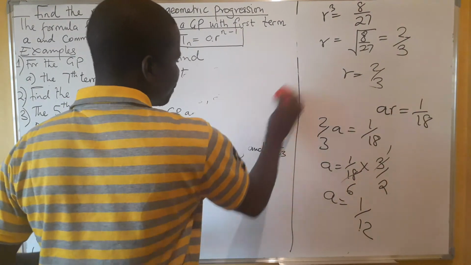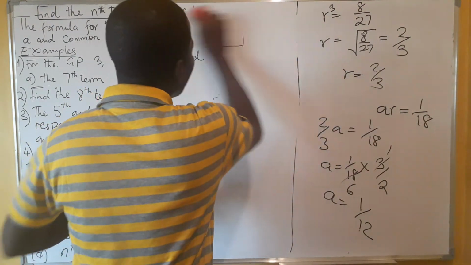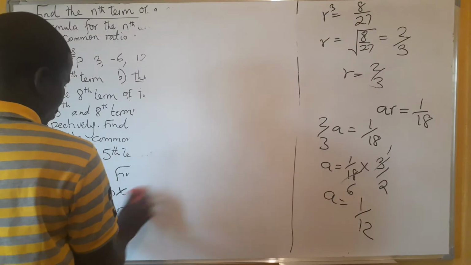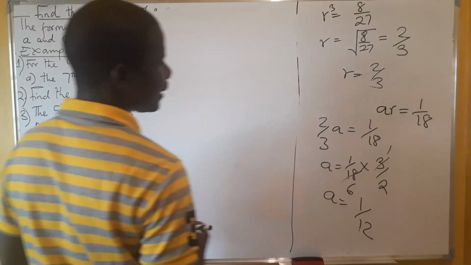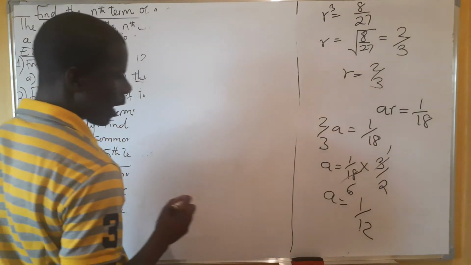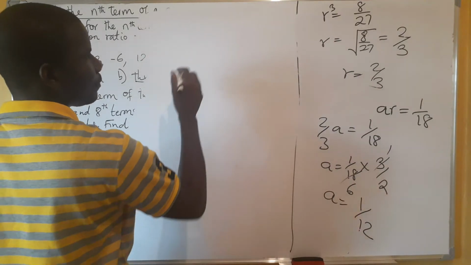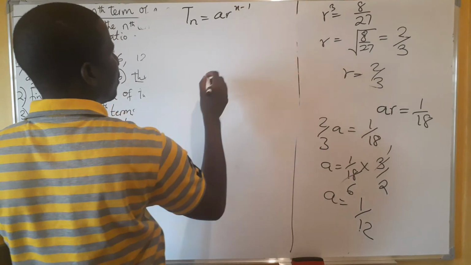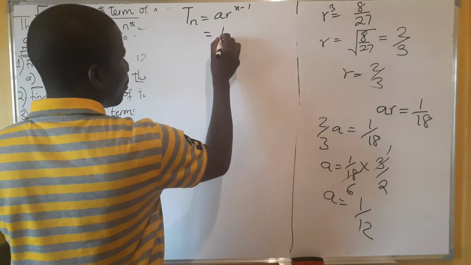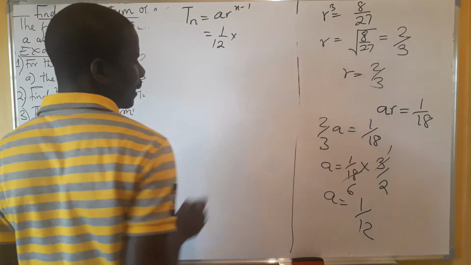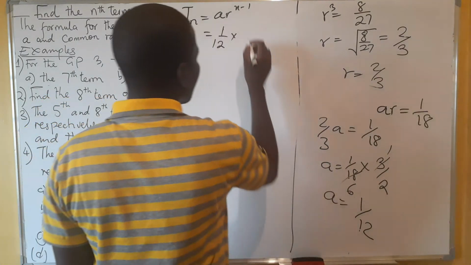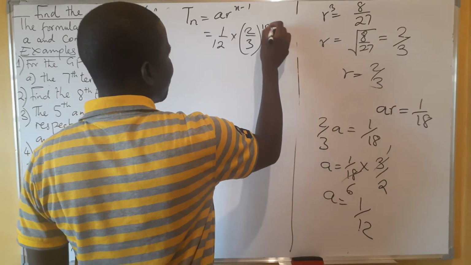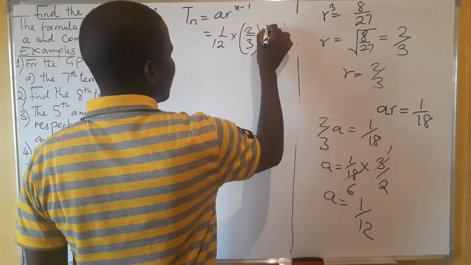So we want the 10th term. What is our first term? 1/12 multiplied by 2/3, then 10 minus 1, which is going to be 9.